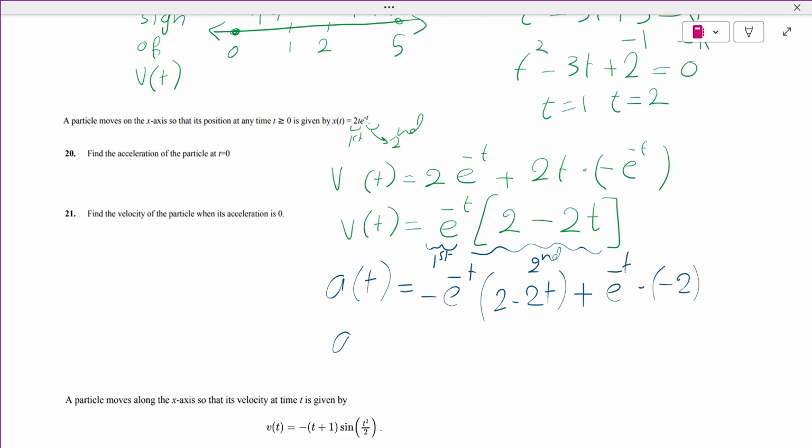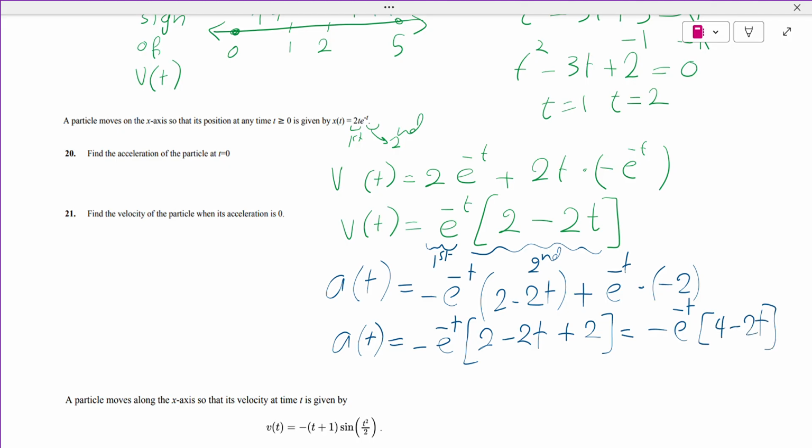Now for A of t, we can factor out minus e to the power of minus t. That leaves us with 2 minus 2t plus 2, which is minus e to the power of minus t, and then you've got 4 minus 2t. This is the acceleration.